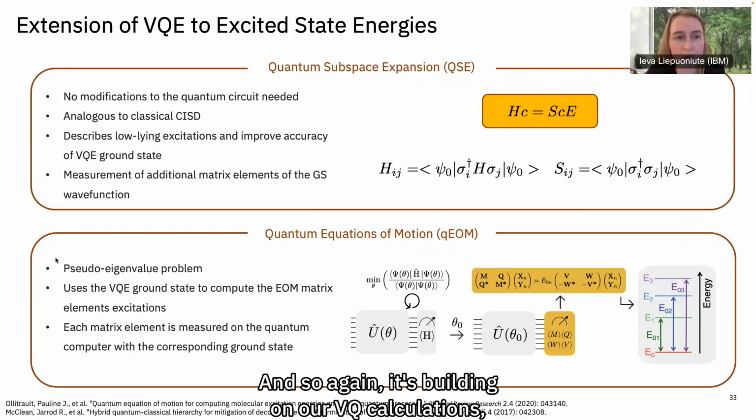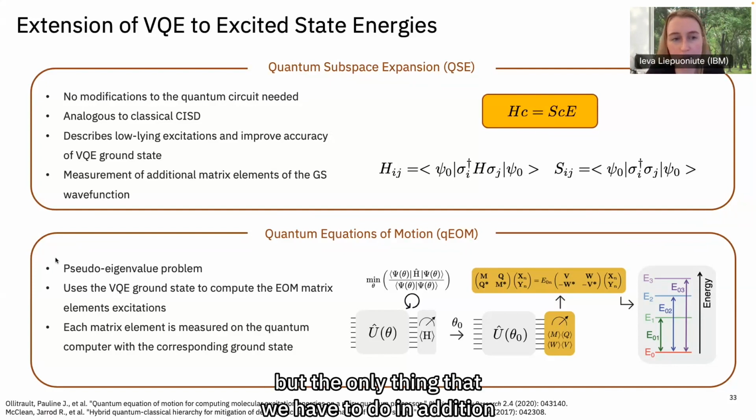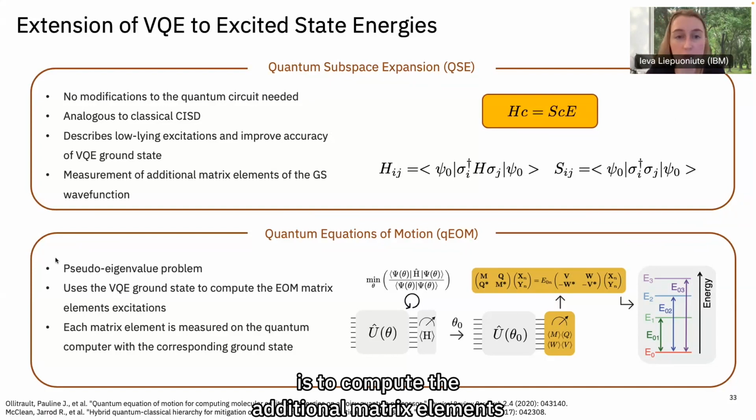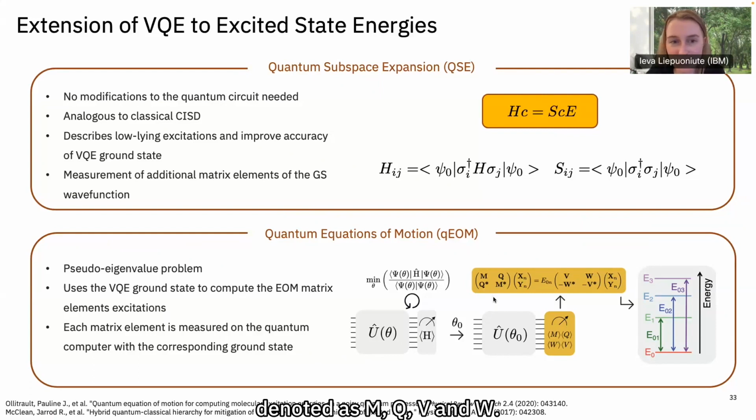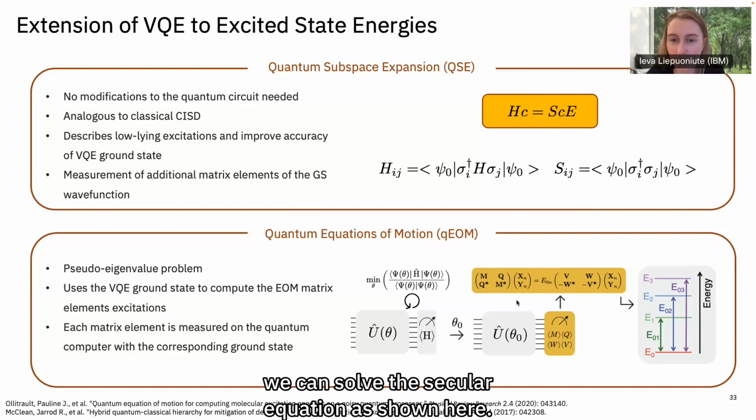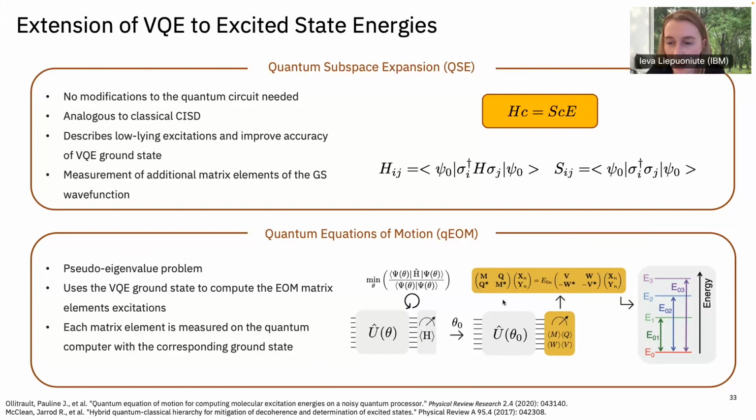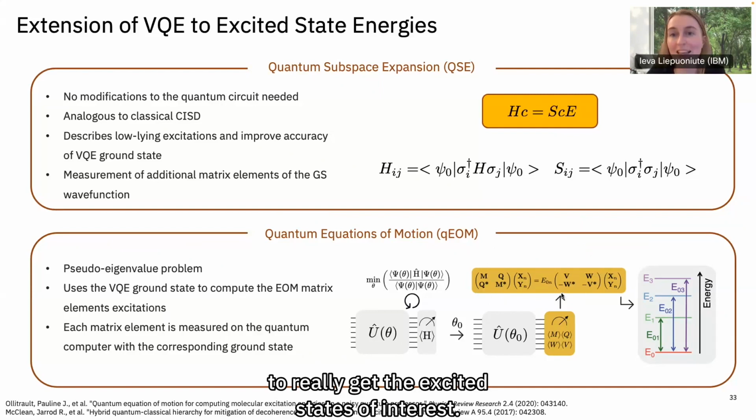Again, it's building on our VQE calculations, but the only thing that we have to do in addition is to compute the additional matrix elements denoted as M, Q, V, and W. From these additional measurements, we can solve the secular equation as shown here, and we can use this equation to get the excited states of interest.